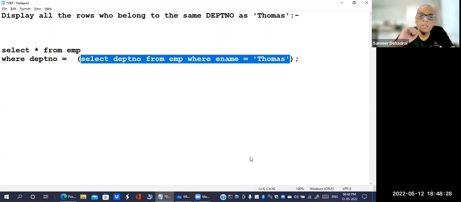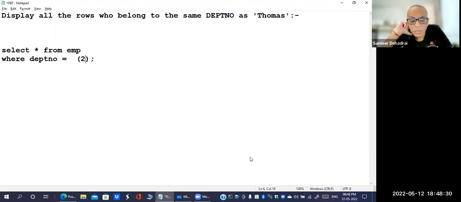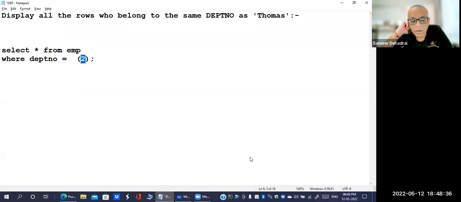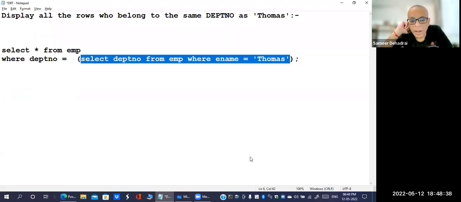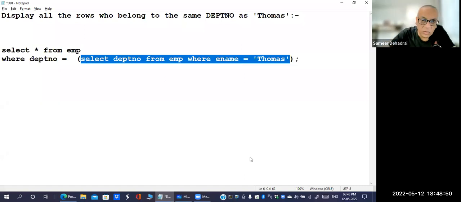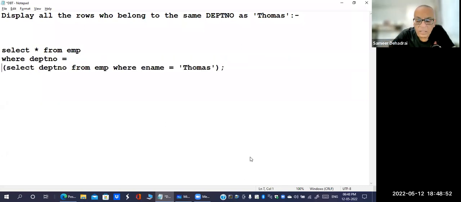I have equated this with the main query. It goes as a parameter to the main query. And in step number 2, my main query is executed. Select star where department number equal to 2 will show me all the rows, same department number as Thomas.